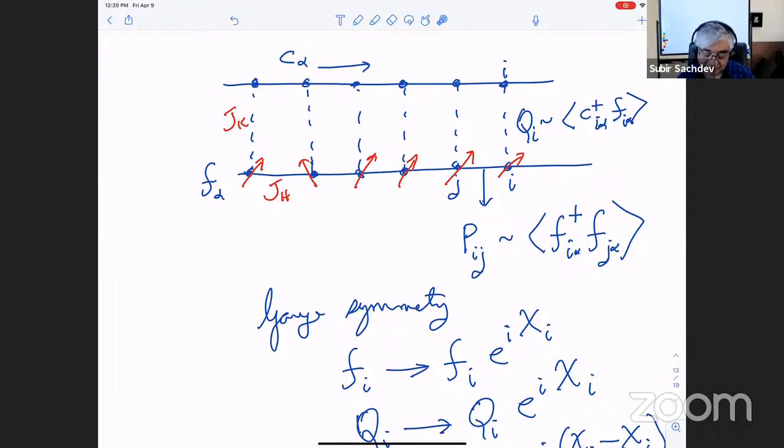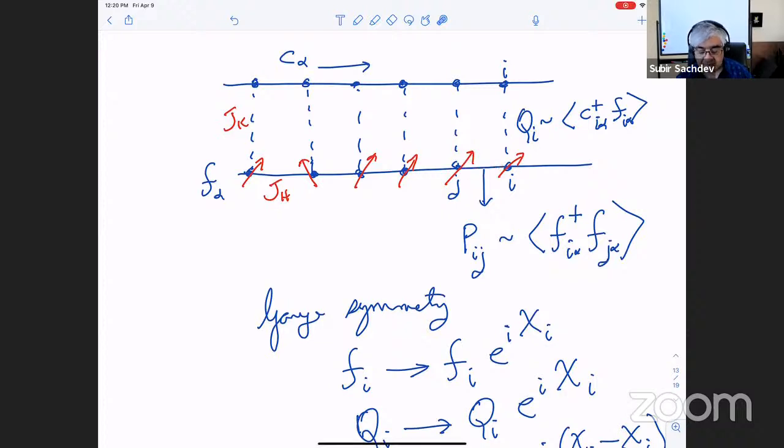So in this case, you get the Kondo coupling, which you factorize into products of the Q_i, which is the expectation value of C dagger F. And we showed that for the Kondo problem, it led to a very successful description, which was confirmed by other methods. And now you also factorize the Heisenberg exchange in exactly the same manner into F dagger_i F_j. So now this is sitting on the links.